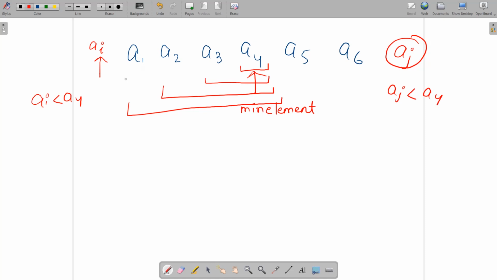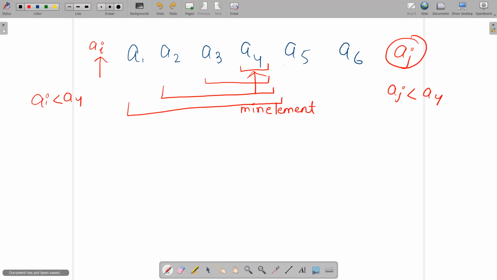Okay, so how are we able to find out this AI and AJ? It is very much simple. For this position I am claiming that A4 is the minimum element, and I am including the subarrays to the left, which is A1 to A3, and to the right A5 to A6, and after that we are not going to include the subarrays that would lie over here and over here.